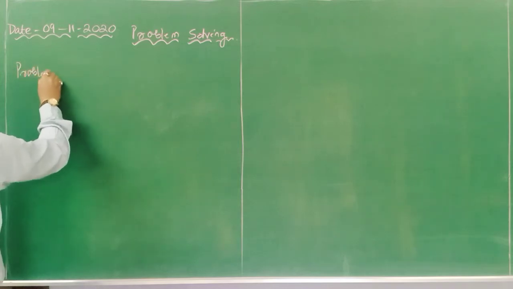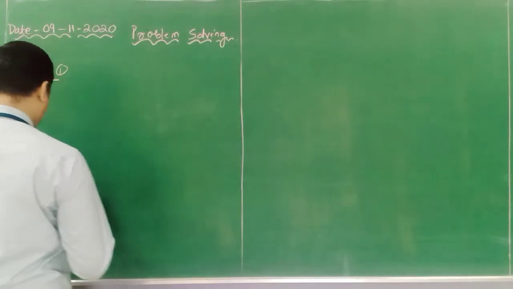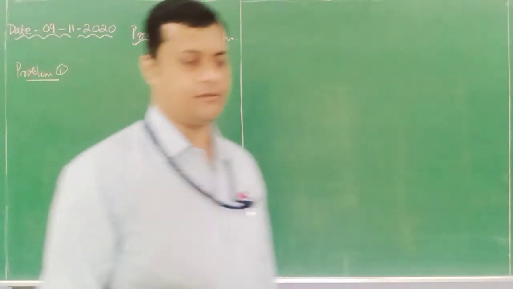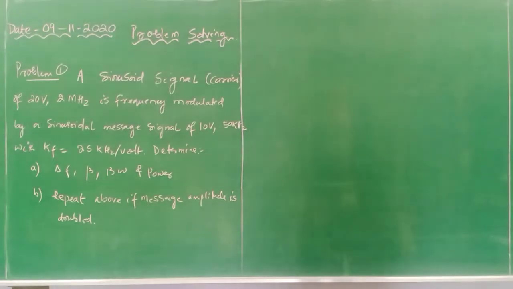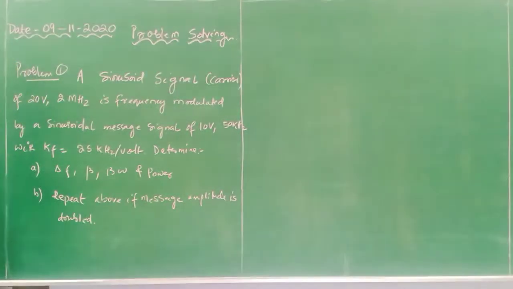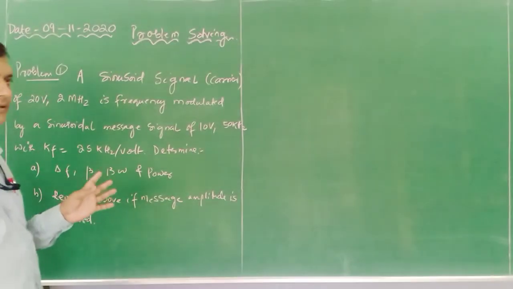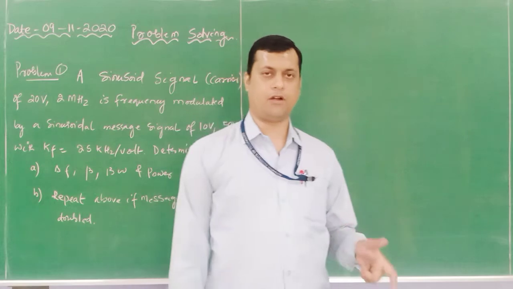So the first question is a sinusoid signal. This will be our first question in which an FM modulated signal is going to be transmitted with the help of a carrier and modulating signal.